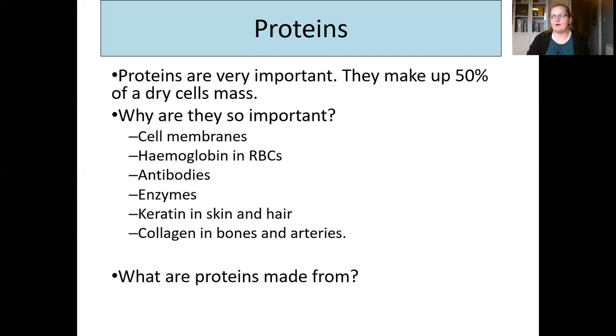Often when we talk about proteins, we're talking about food proteins. But all these things I've just mentioned are also proteins. We often never really refer to enzymes as being proteins. So it's one of the things we have to keep checking in our head and going, oh yeah, they're made from amino acids, so they're proteins.